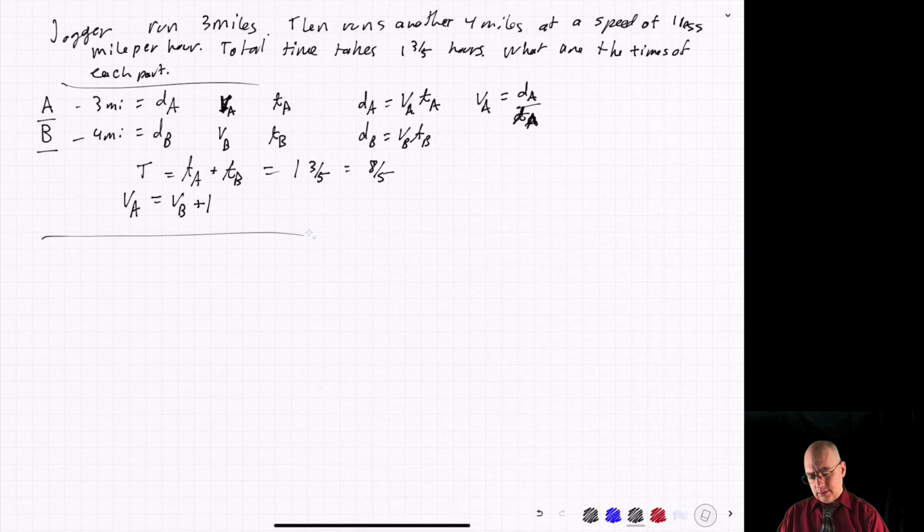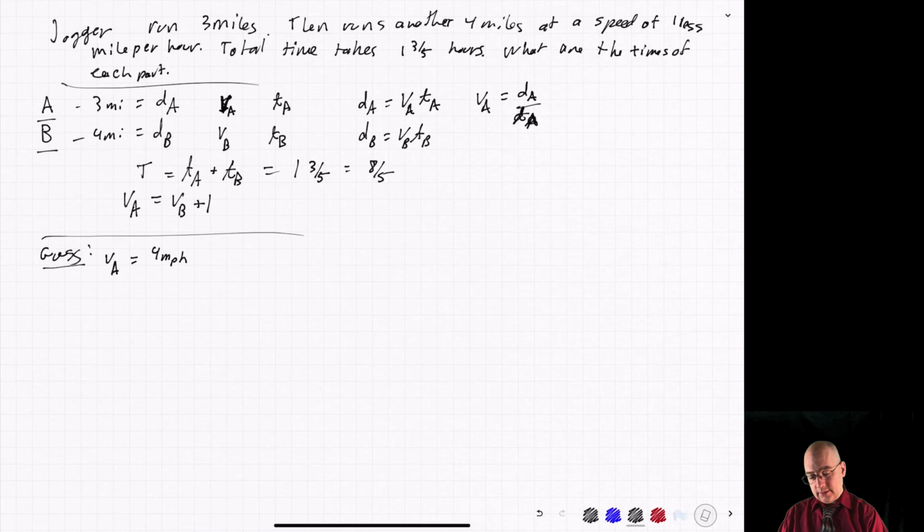So here, I think just the way my brain works, I would guess velocities. So let's say your velocity A was 4 miles per hour, right?